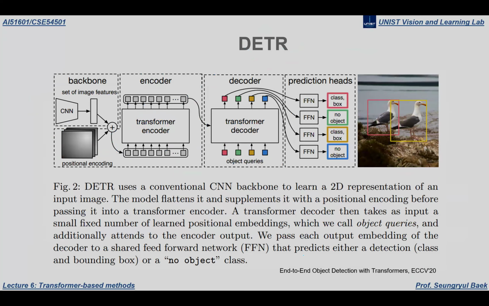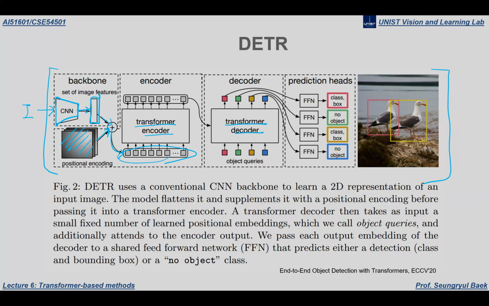So this is a more detailed visualization of the pipeline. Now they have a transformer encoder and a transformer decoder. The input to the overall system is a two-dimensional image, and using the CNN we extract some features. By applying two-dimensional positional encoding, we make the input to the transformer encoder.